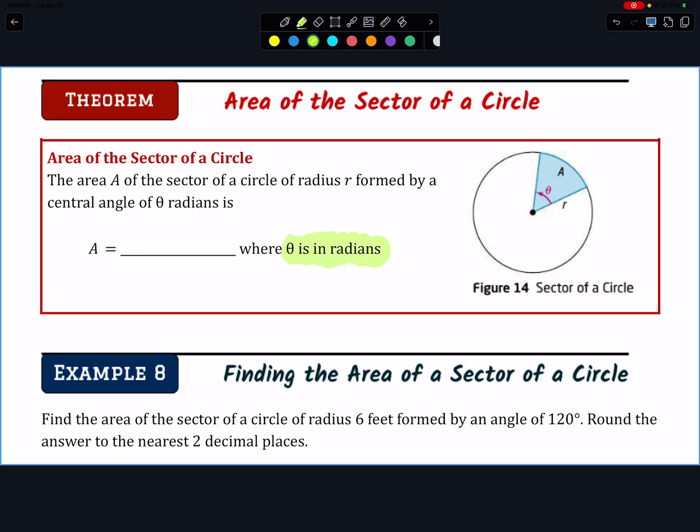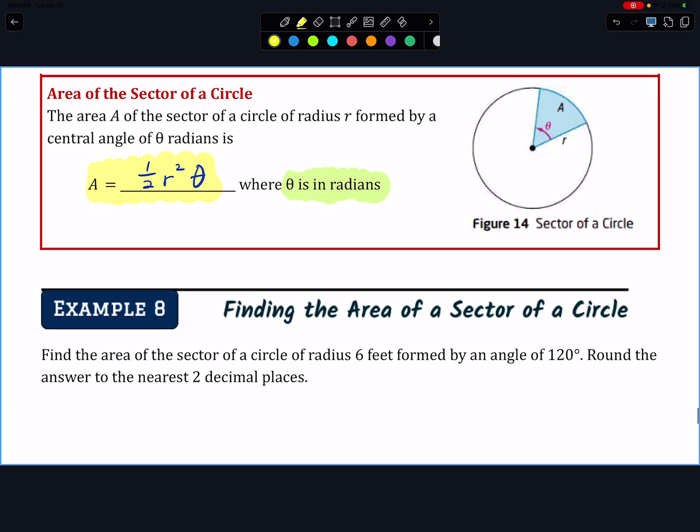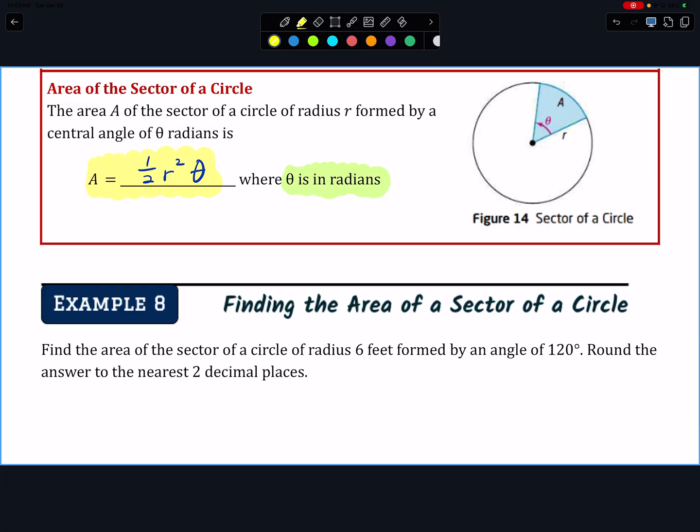The area formula is area equals 1/2 r squared theta. As soon as you have that ready, go ahead and copy this down.